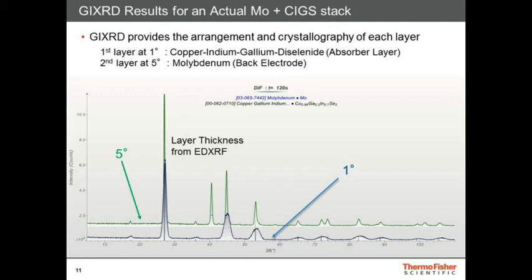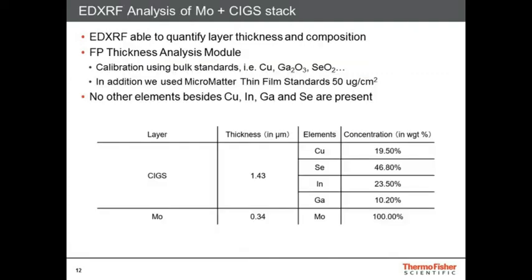So maybe you ask yourself how X-ray fluorescence spectroscopy can help you in this case. By using this technique, it's possible to quantify the layer thicknesses by using a fundamental parameter approach. Therefore, you have to do some calibration using bulk standards, and you have to know the composition of each layer, and you need one unique element in each layer.